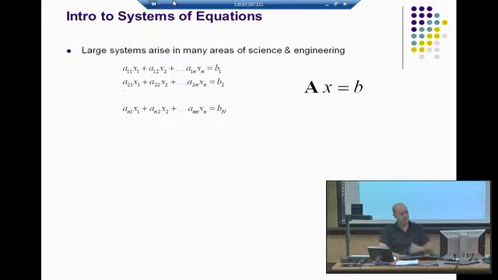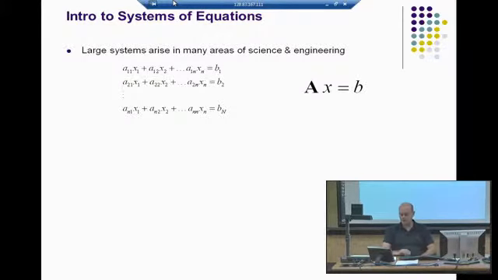Of course, a system of equations just means that we have as many equations as unknowns. In this case, the A's I know, the B's I know, but the X's I don't. So it's a coefficient times x1 plus a coefficient times x2 plus a coefficient times x3 is equal to b1, and then etc. You can write all the coefficients of A in a matrix A, which is a square matrix, and then B is a vector, and X is a vector as well.